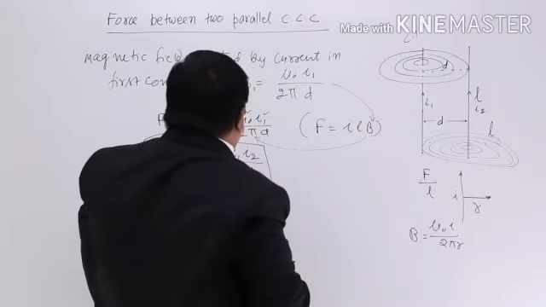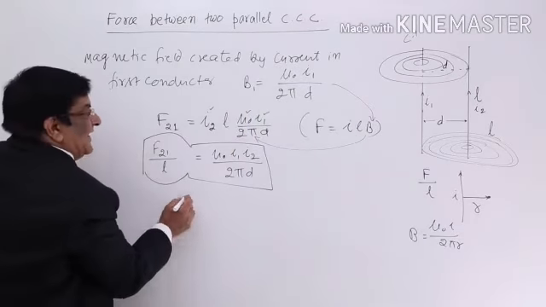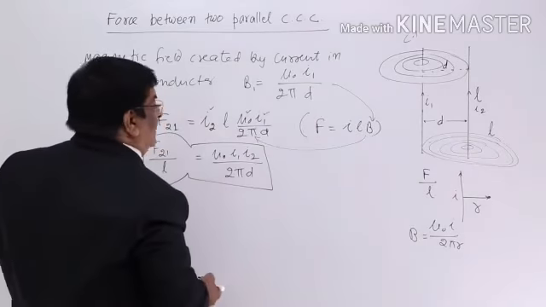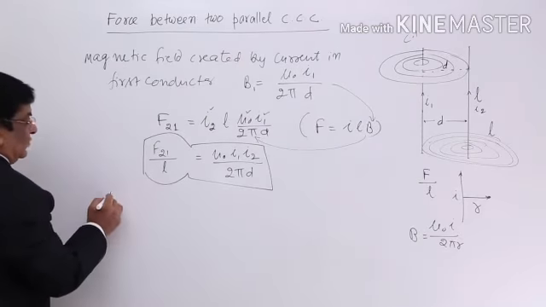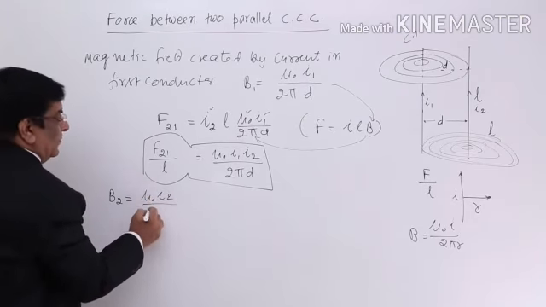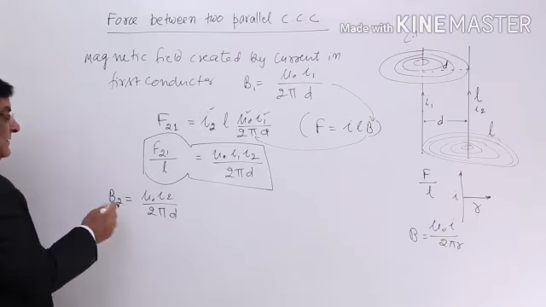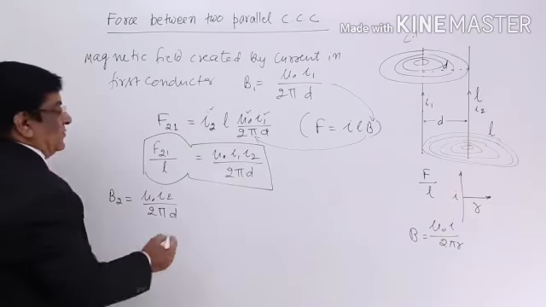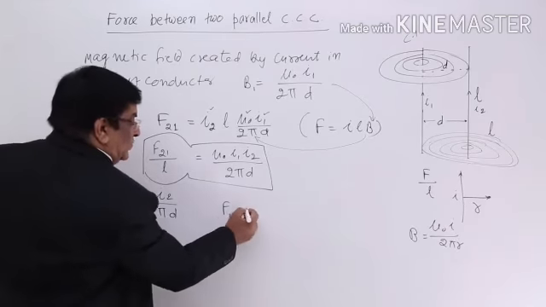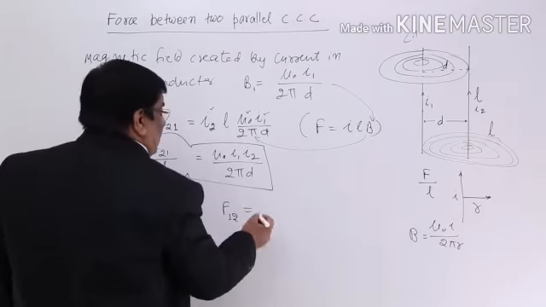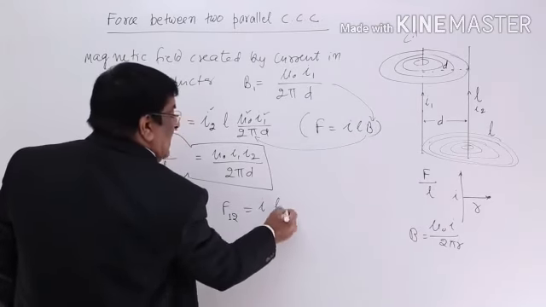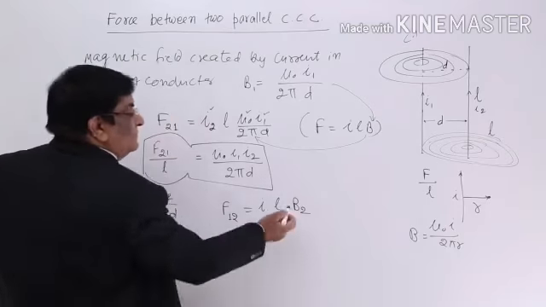There will be a force. What will that force be? First, this conductor is making a magnetic field here. How much is the magnetic field? I will call it B2 because it is made by conductor number 2. This is mu naught I2 upon 2 pi d, with distance again d. Now what is the force experienced by conductor number 1 due to the magnetic field of conductor number 2? This is F12, which is the current in this conductor I1, length L, and magnetic field B2.